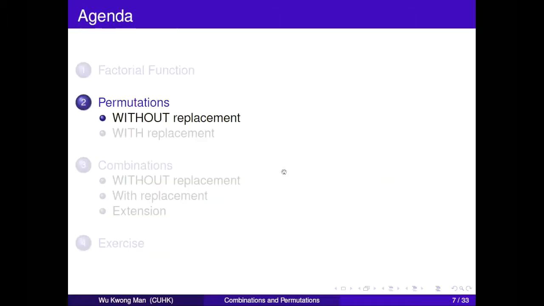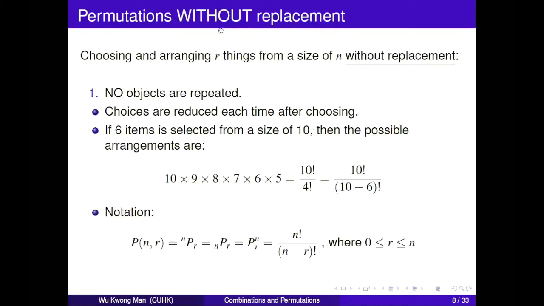There are two cases of permutation, one without replacement and the other with replacement. For permutation without replacement, there are two cases too. When all objects are not repeated, choices are reduced each time after choosing an element from the population of n. For example, when we need to select 6 items from a population of 10 with order, the possible choices for the first selection are 10, and the second is 9, and so on, until 6 items are selected.